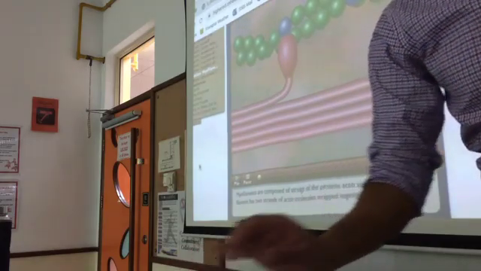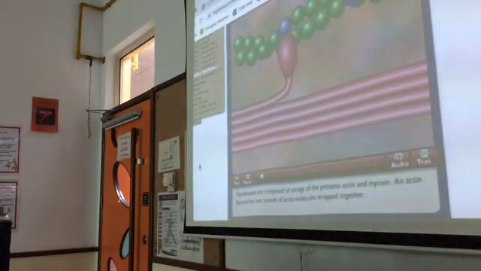So watch first. Myofilaments are composed of strings of the proteins actin and myosin. An actin filament has two strands of actin molecules wrapped together. A myosin filament has many myosin proteins packed together, and each myosin protein has a globular head region that protrudes from the filament.